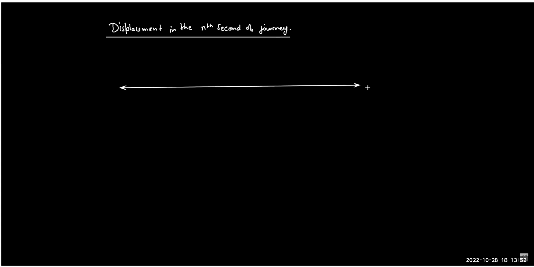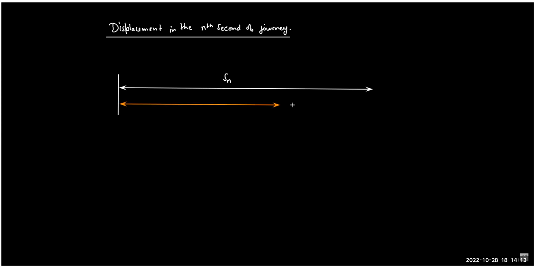So let's say this is how much you travel in the n seconds. We write Sn. Sn means the total journey which you travel in n seconds. Symbolically, if this is the journey which you have traveled in the 1 second before up to n minus 1 second, this is called Sn minus 1.